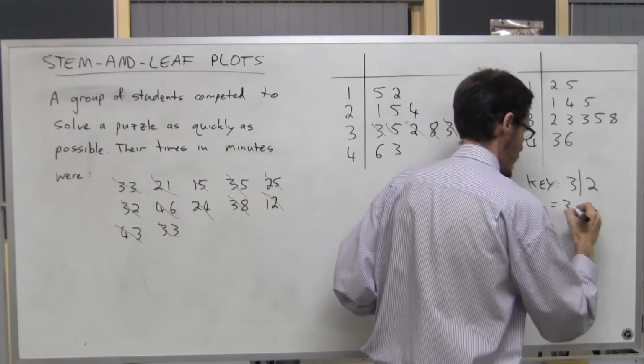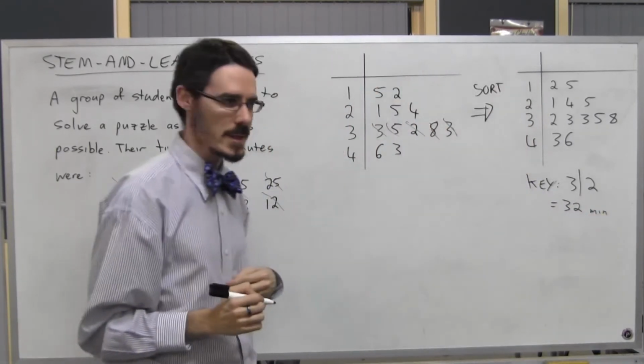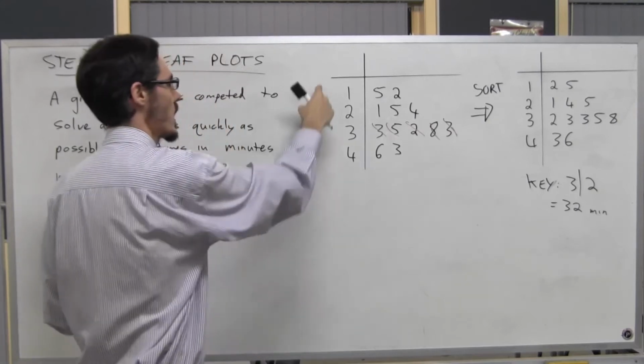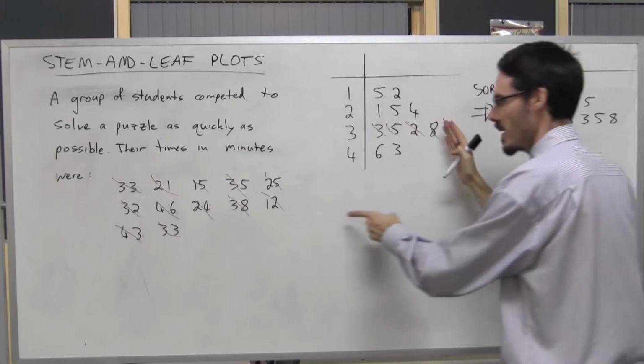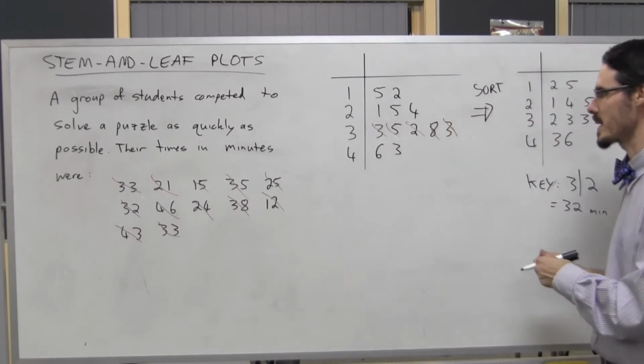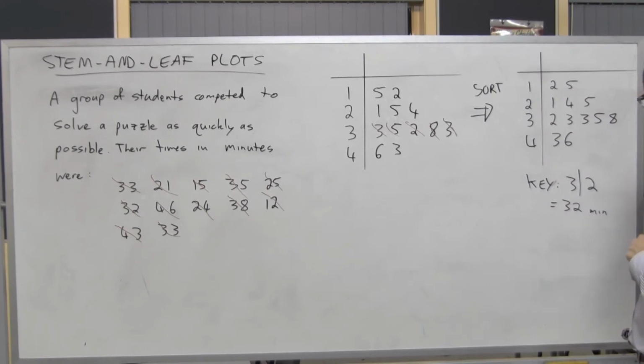Minutes. 32 minutes. It's as easy as that. Work out the stems and leaves, sort all the data into rows according to the stem, and then sort each row of leaves.